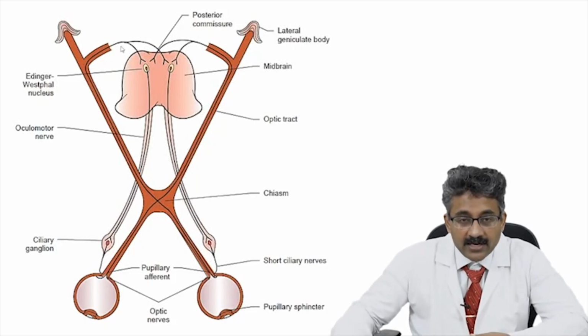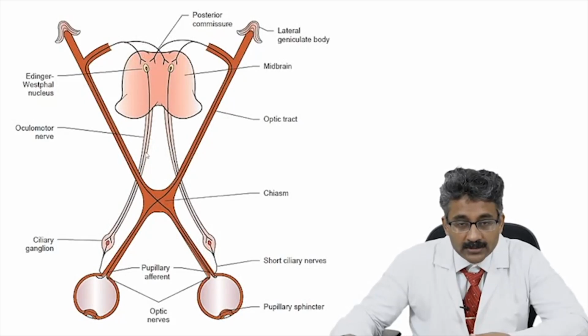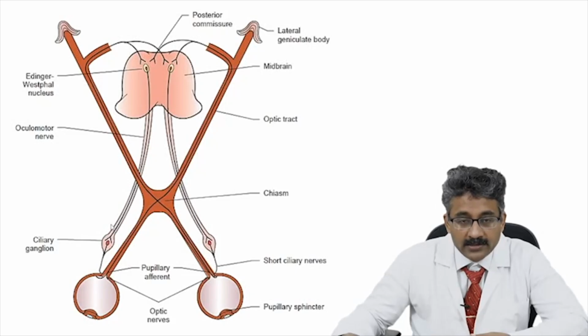Then from the Edinger-Westphal nucleus, the fiber will come through the oculomotor nerve, then synapse in the ciliary ganglia, and then it supplies through the short ciliary nerves to the sphincter pupillae, causing constriction of the pupil.